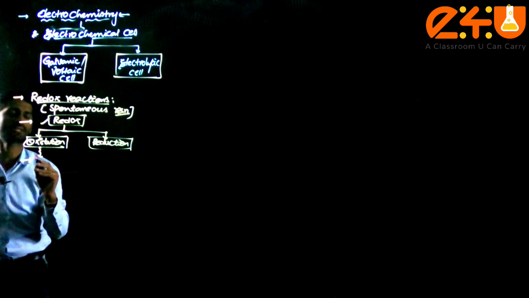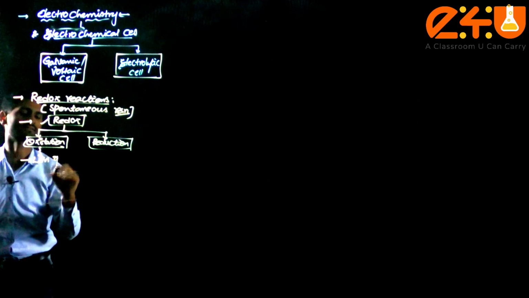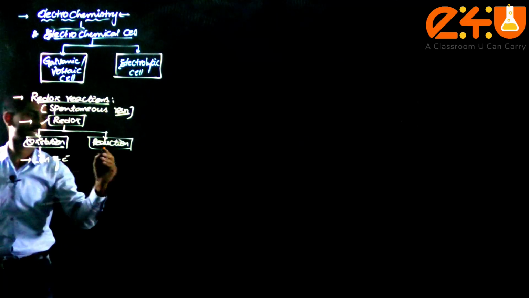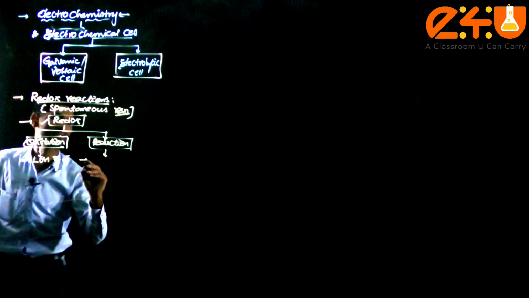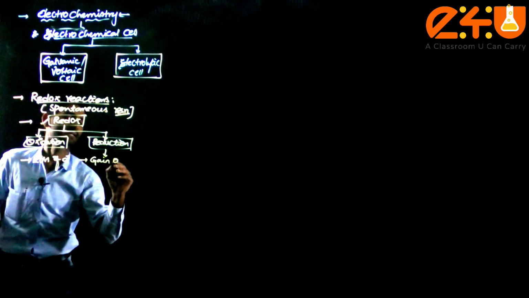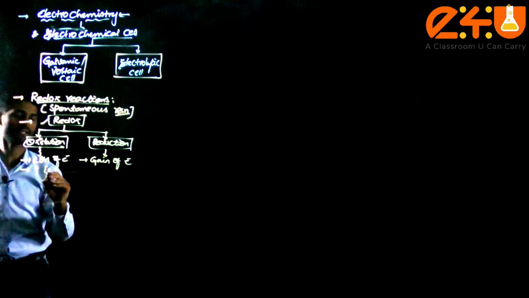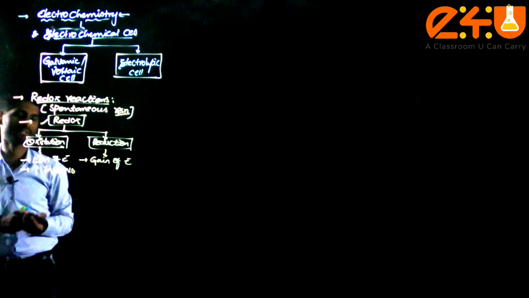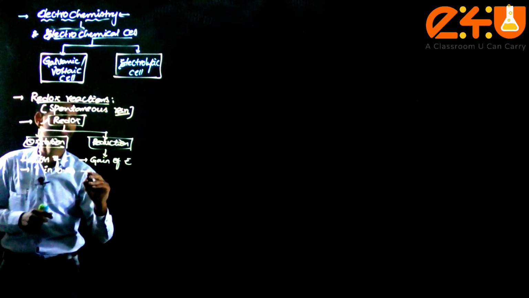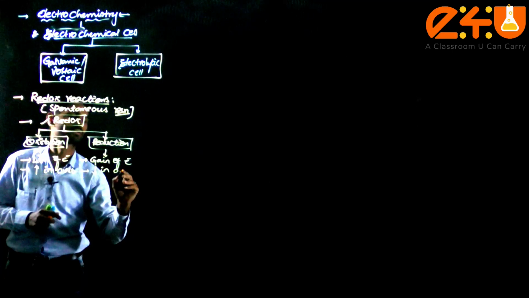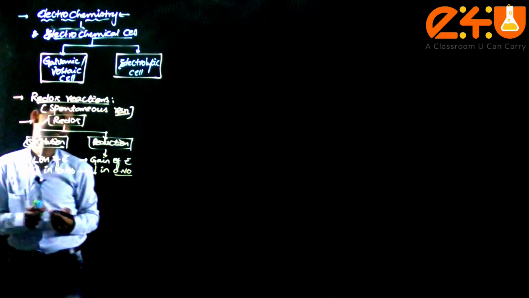What is meant by oxidation? Loss of electrons. Reduction means gain of electrons. Increase in oxidation number is known as oxidation. Decrease in oxidation number is known as reduction.